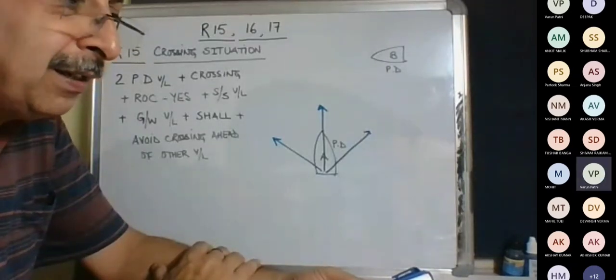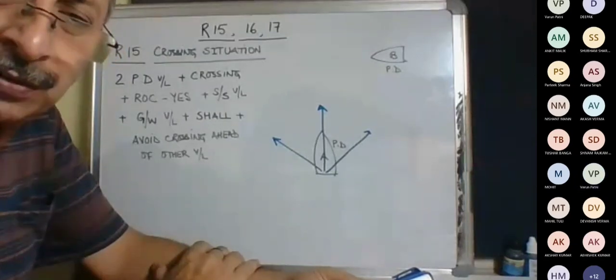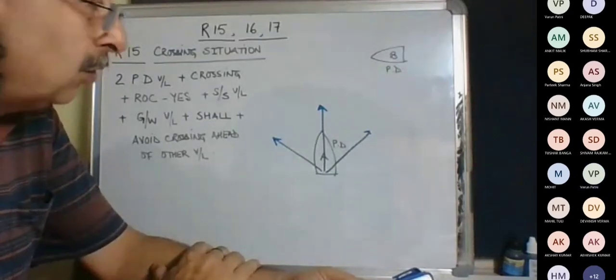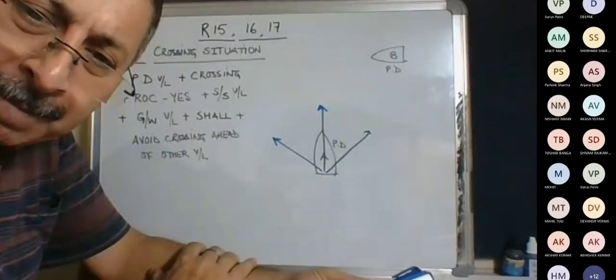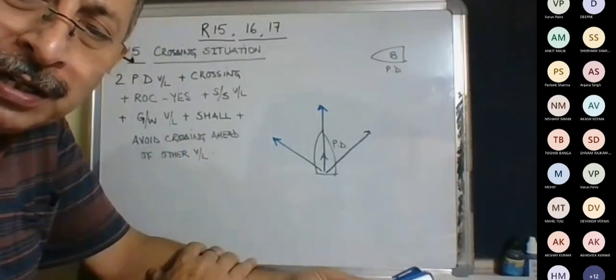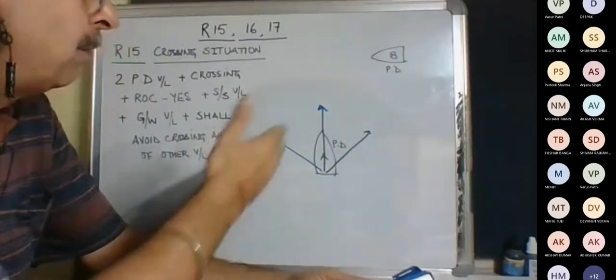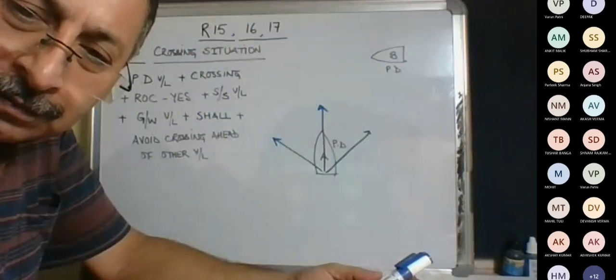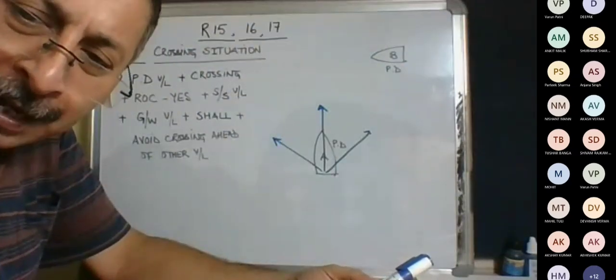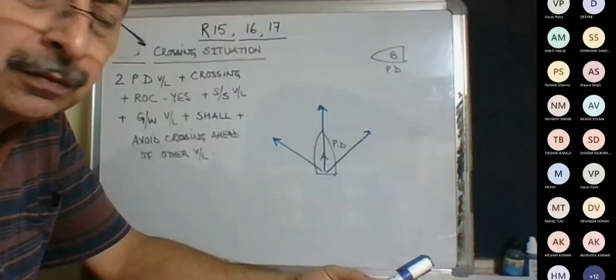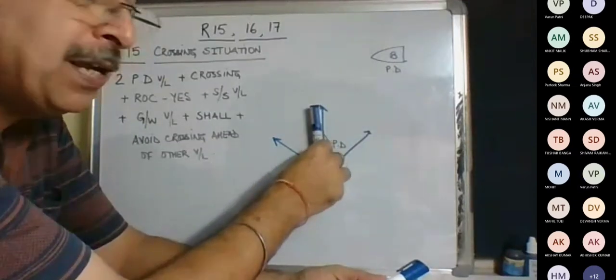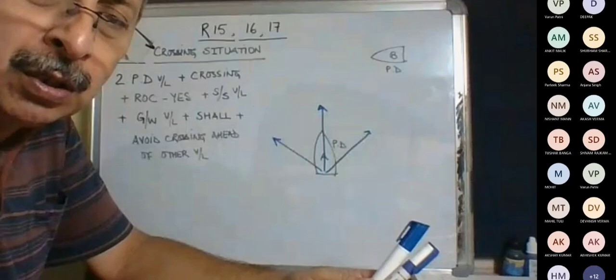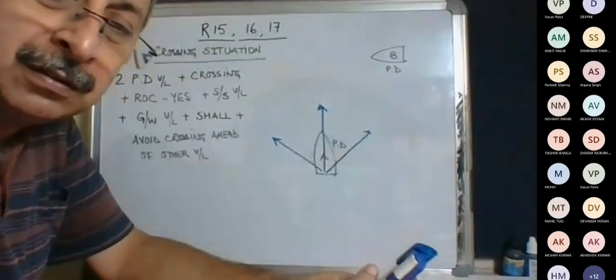So please try to understand whatever you were saying just now. If that was true, then there was no need for rule 15. What was the need for rule 15? They could have told vessel A, do anything, do whatever you want, you have your own will. They could have said that in simple language, yes or no? You want her to go to starboard also, maintain course also, and go to port also, then just say do anything.